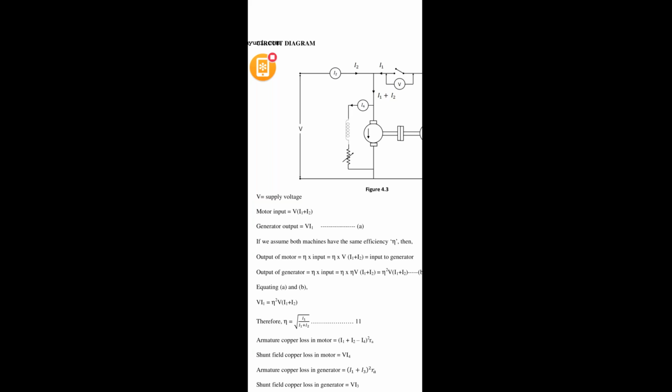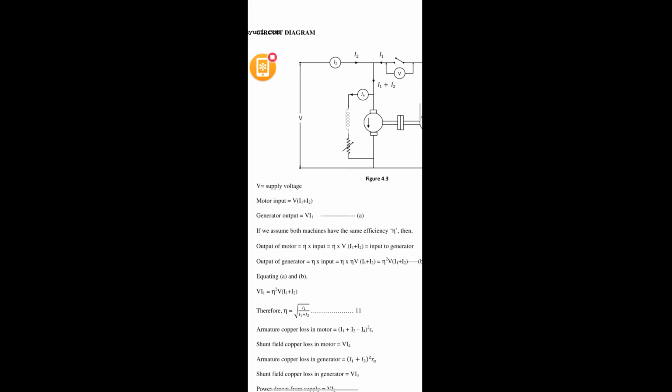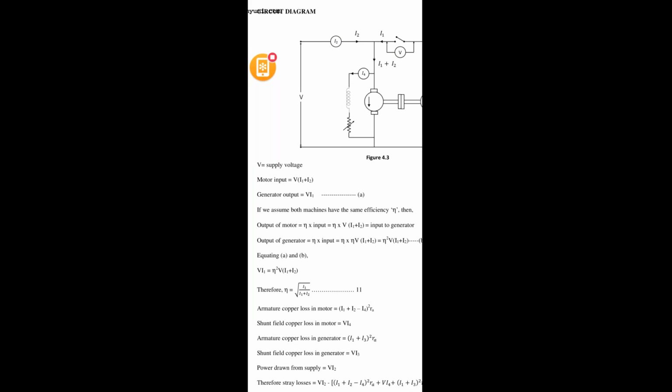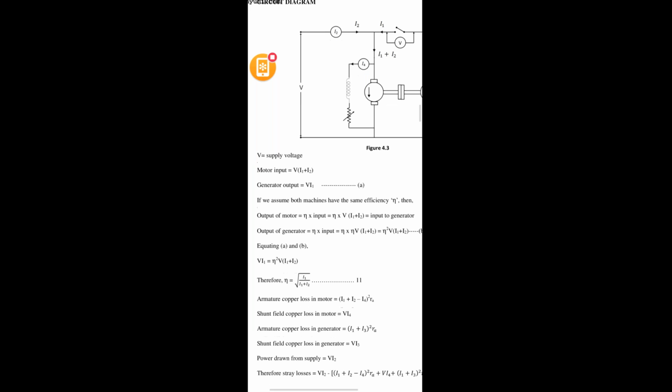Now, output of generator is equal to efficiency into input. So input of generator is efficiency into V (I1 plus I2). So finally you will get the efficiency formula as square root of I1 divided by (I1 plus I2). So this is the formula we need to find in the Hopkinson test.